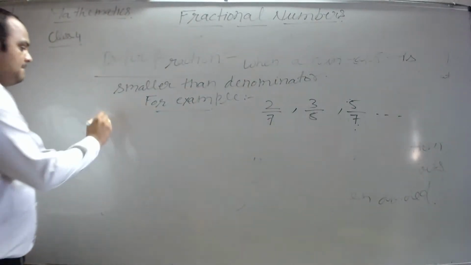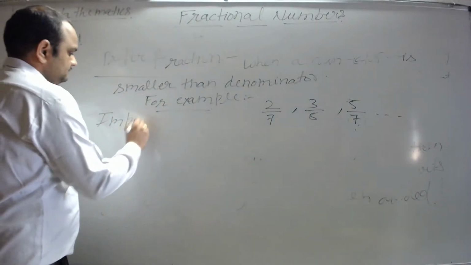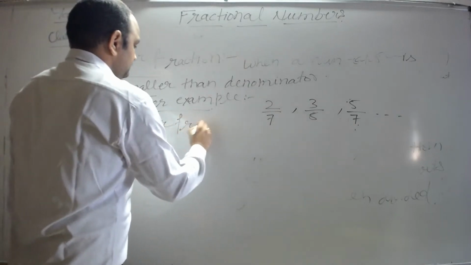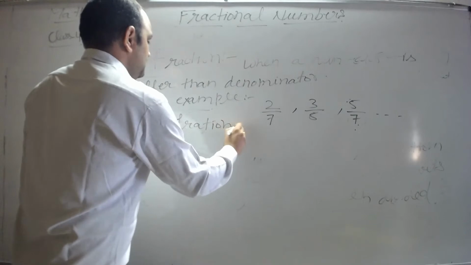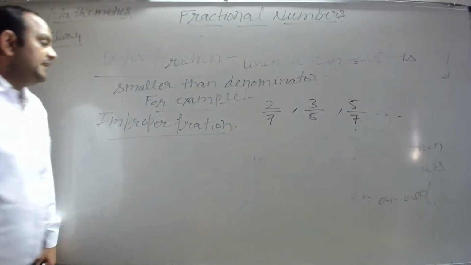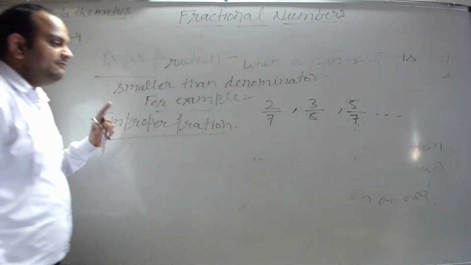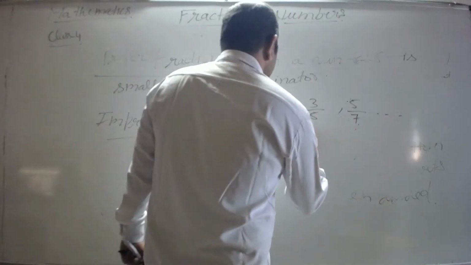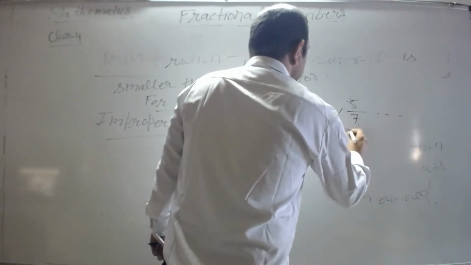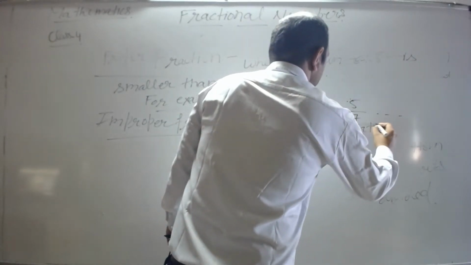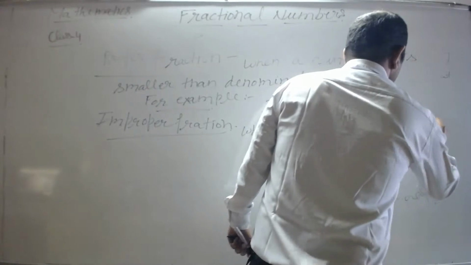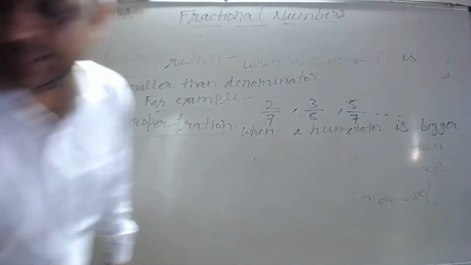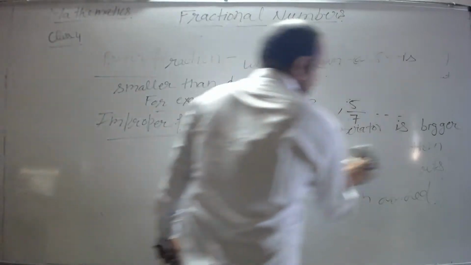Next is improper fraction. In an improper fraction, the numerator is bigger than the denominator.